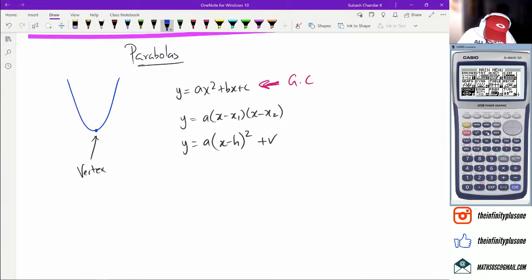So let's say we've got something like this. The good thing about vertex form is that you only need the vertex and another point to come up with the equation of the parabola.